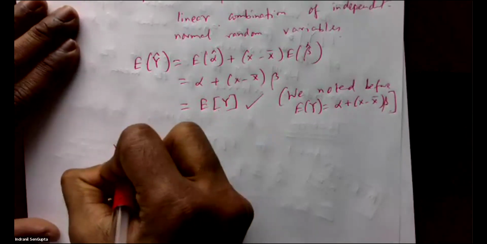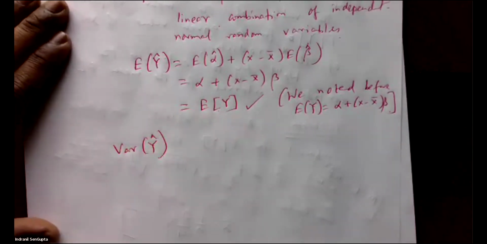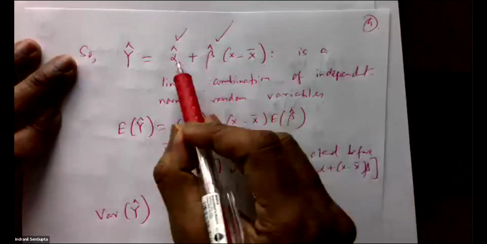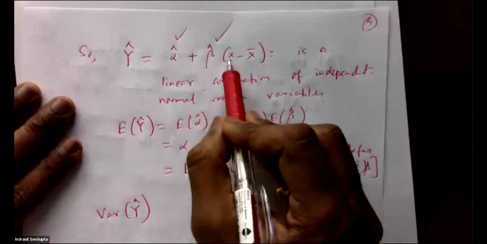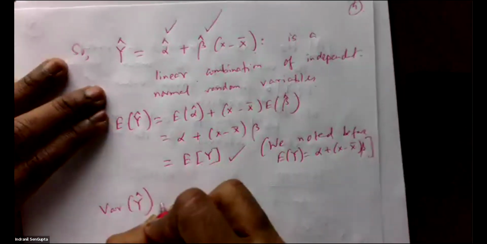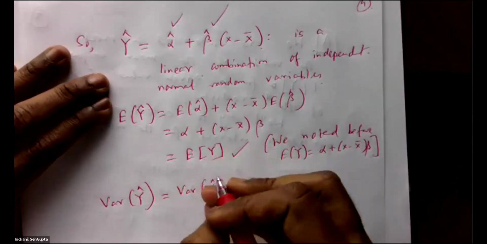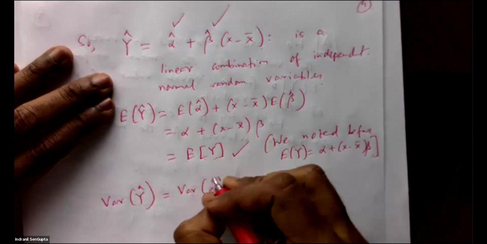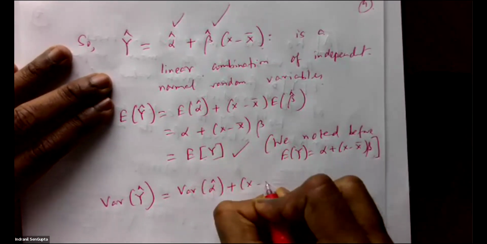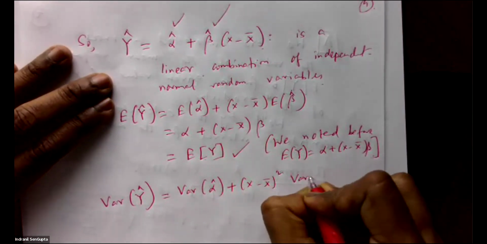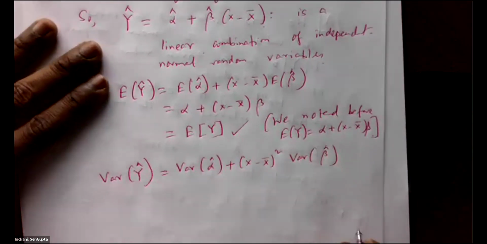Second observation. What's the variance of y hat? Once again, they're independent normal distributions, so it's going to be the variance of alpha hat plus x minus x bar squared times the variance of beta hat, because they are independent.